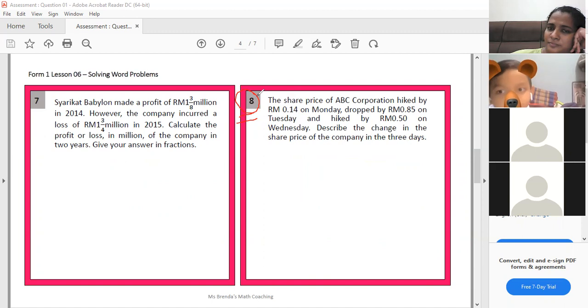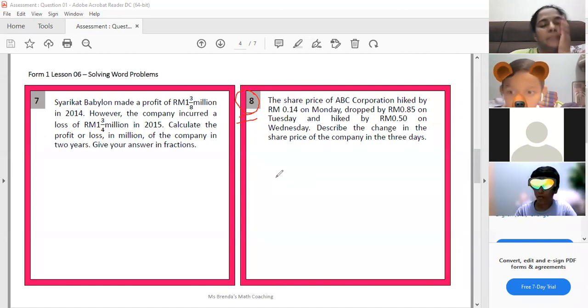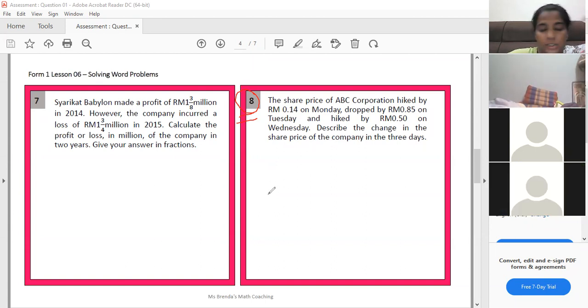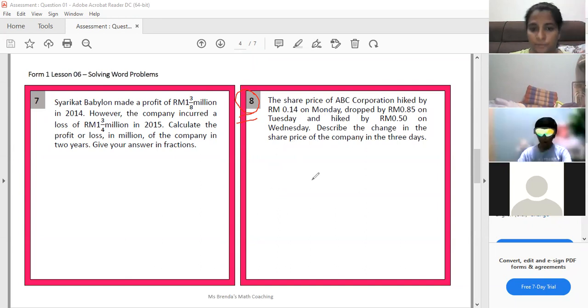Okay, let's say like now you have a company, not a simple burger stall by the street. Let's say it's a big time company, like for example, Maybank. It's a bank, a corporation. So what happens is, instead of one person owning that company, that company starts to sell its shares.